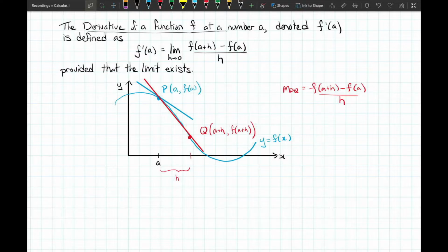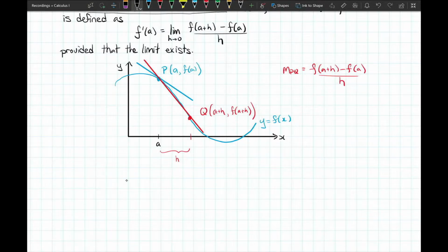This isn't the only definition for the derivative of a function f at a number a. There's also an alternative way to actually write this. An alternative definition for f prime of a, the derivative of f at a number a, is to just make Q have the coordinates x comma f of x instead of using a plus h.